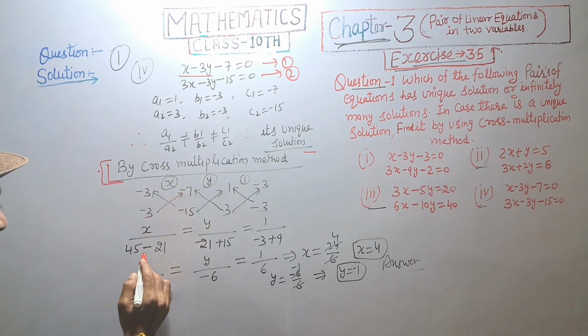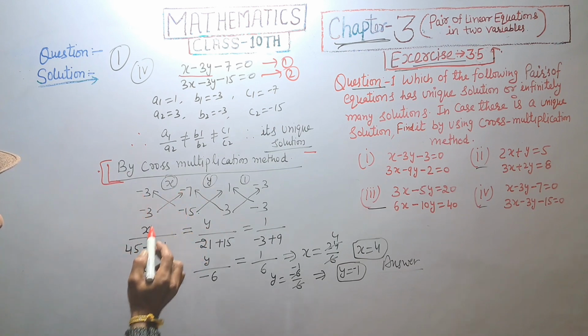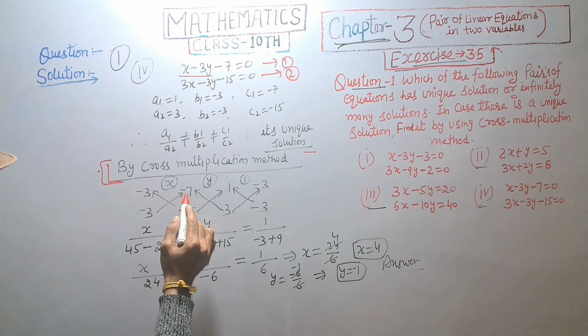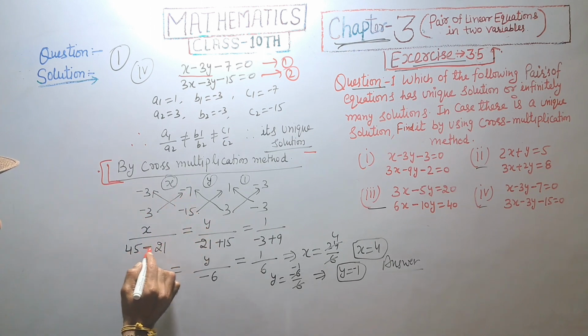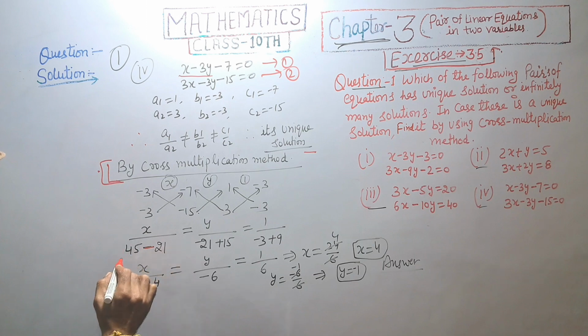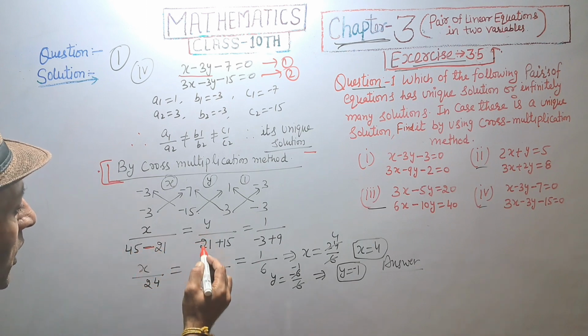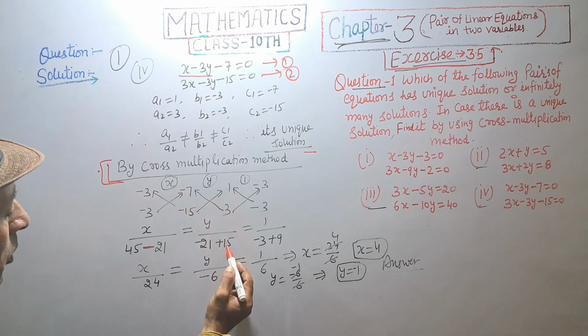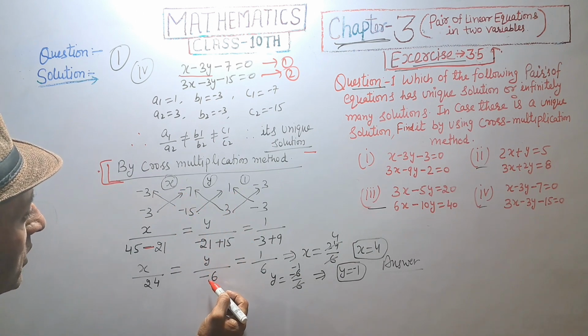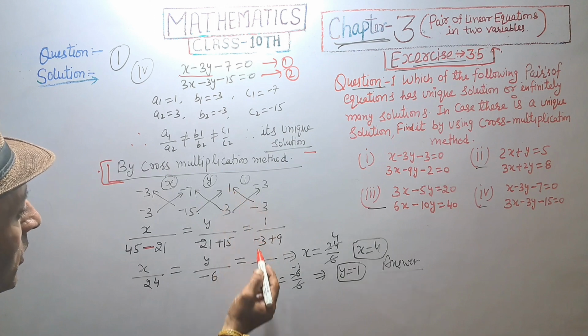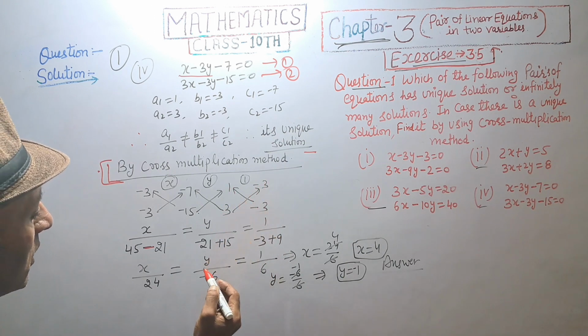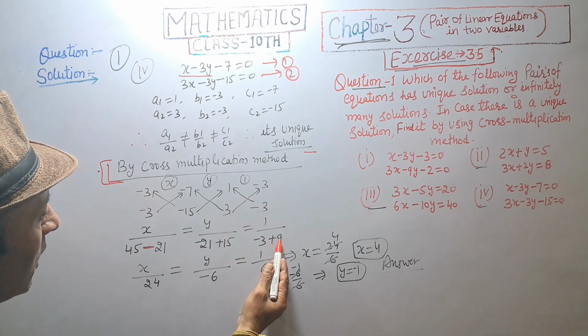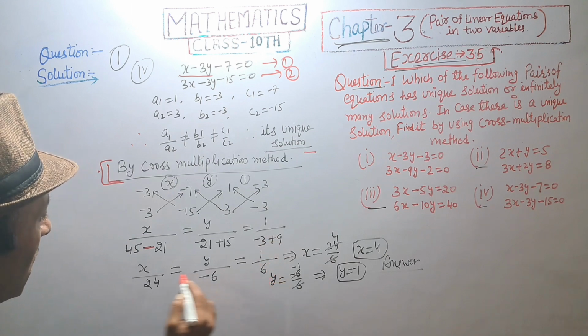Minus minus is positive, and this will be positive, and in the formula minus, then 45 minus 21, that is equal to 24, and y upon minus 21 positive 15 equal to minus 6, and 1 upon 3 ones are minus 3, and 3 3s are 9, positive 9, 9 minus 3 equal to 6.